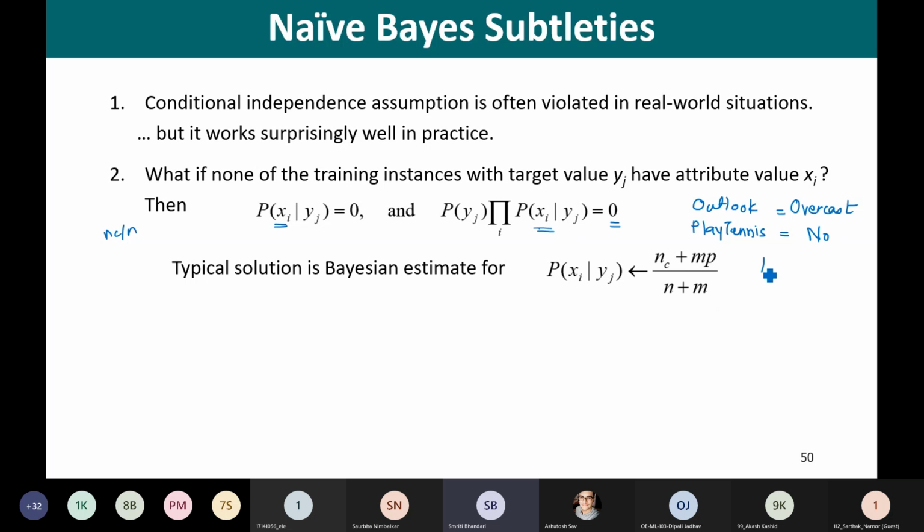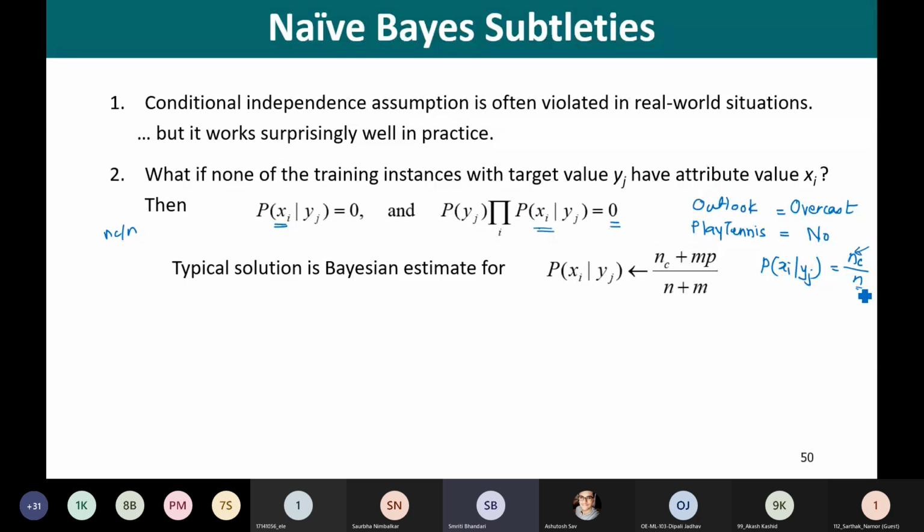So earlier this probability of xi given yj was computed as nc divided by n. So number of tuples satisfying the given condition divided by total number of tuples for that label yj. Right? So this is how we were computing the probability xi given yj earlier.